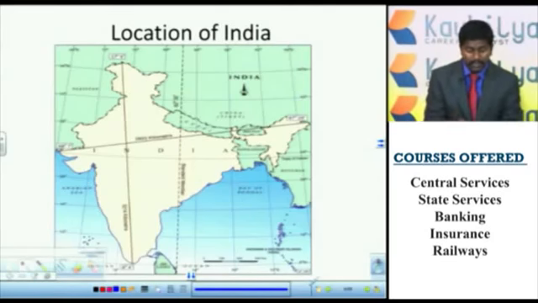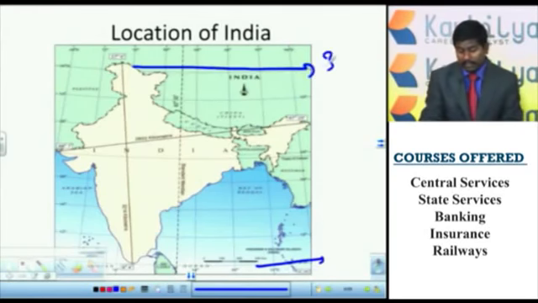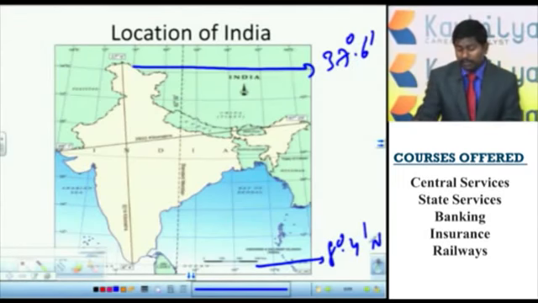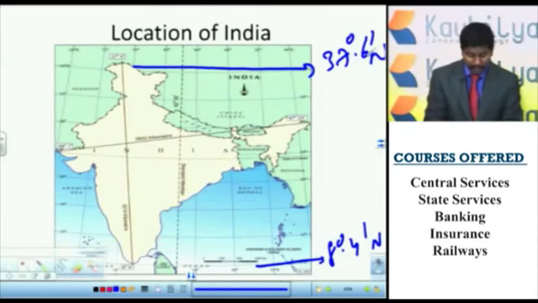Now, the latitudes of India are 8 degrees 4 minutes to 37 degrees 6 minutes. These are the latitudes: 8 degrees 4 minutes north latitude to 37 degrees 6 minutes north latitude.